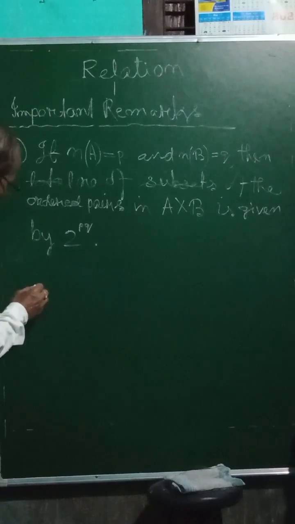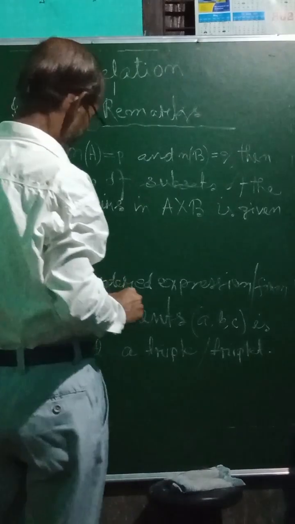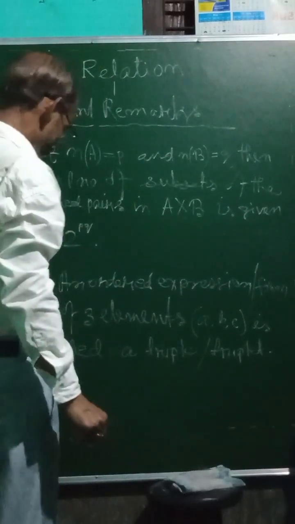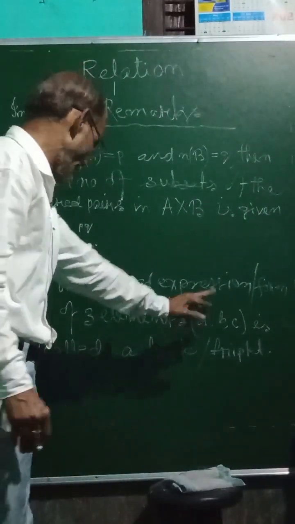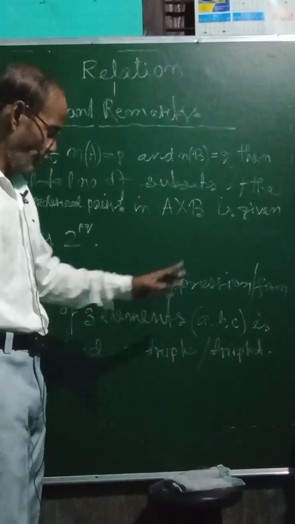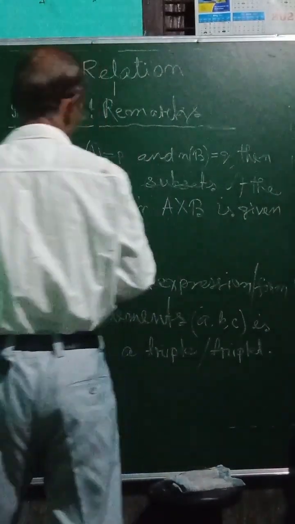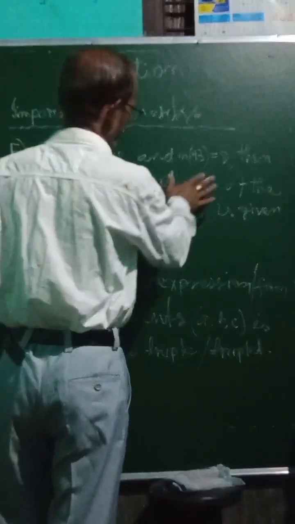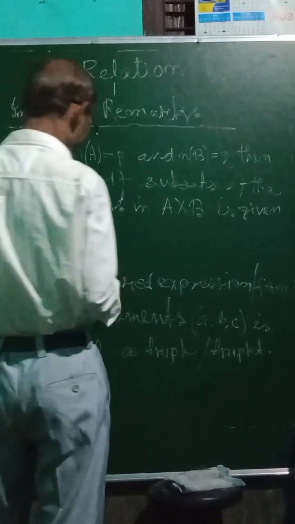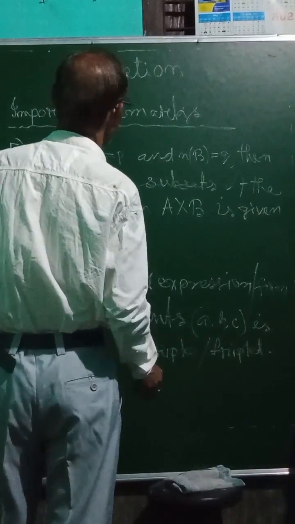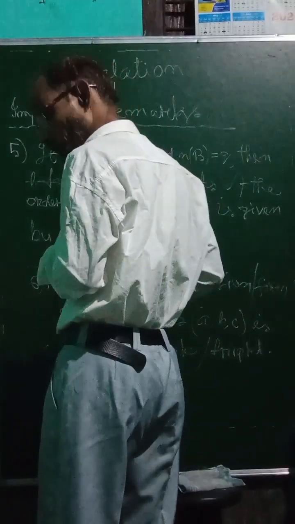One last point: like the ordered pair, if three elements are written in this form, then it is called a triple or triplet. These results are very important to remember, because to solve exam-related problems we need all of these, and when we discuss relations in detail, we shall see their importance.